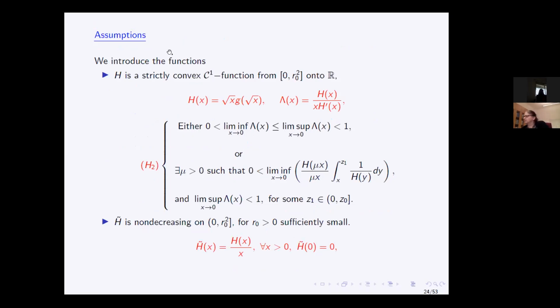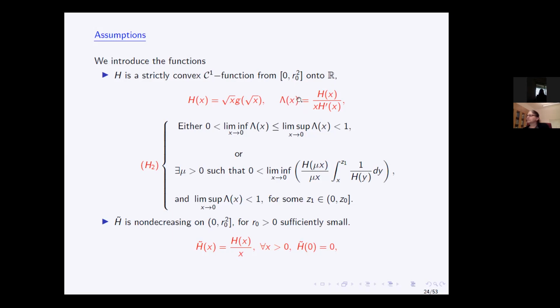Now, to prove the lower energy estimate, we need to put a supplementary assumption on the function g. That means here h is this function, and also we have a gamma of x, which is the function represented by this expression.